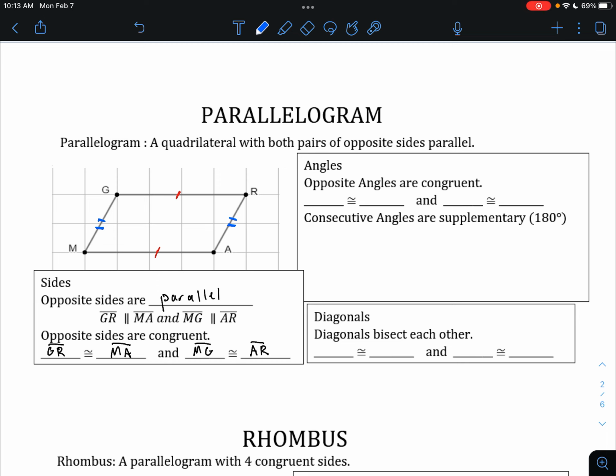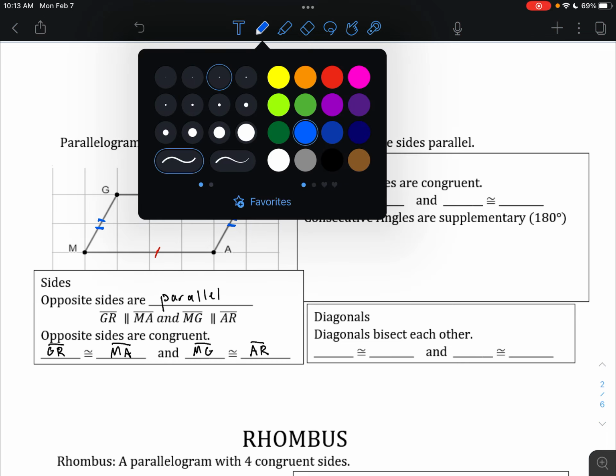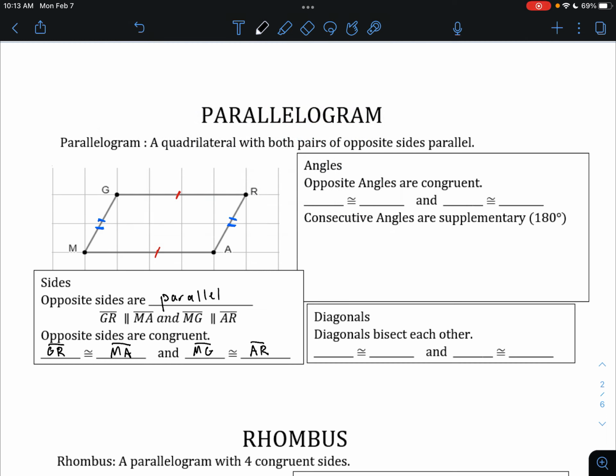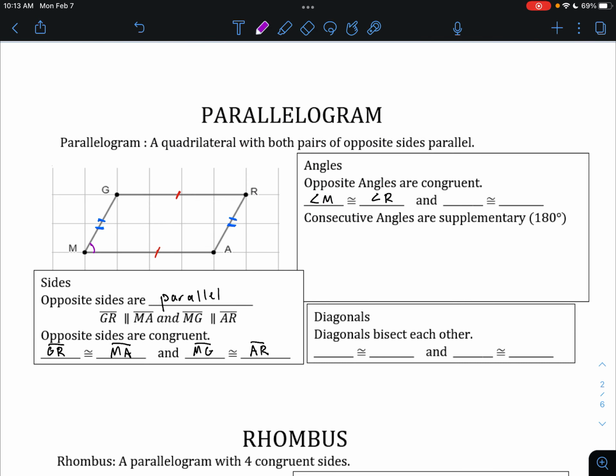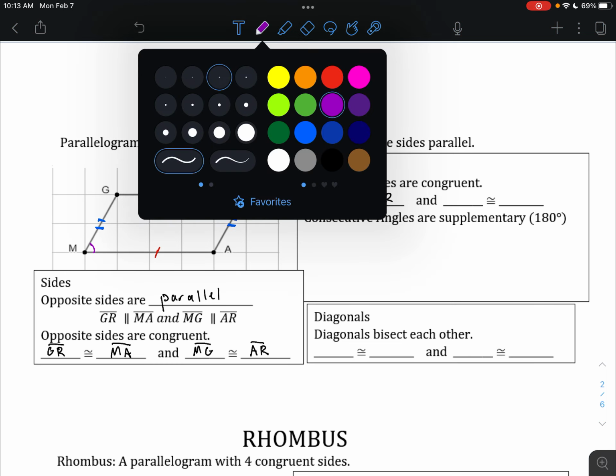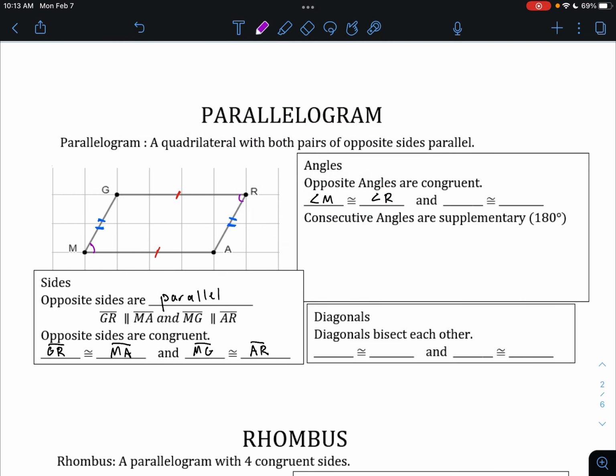The next thing we know about parallelograms is that the opposite angles are congruent. So just like opposite sides are congruent, opposite angles are congruent as well. So angle M is congruent to angle R. Okay, so I'm going to mark that on mine. Angle M is congruent to angle R. And on your paper, I want you to go ahead and pause the video and see if you can guess which other two angles are congruent.